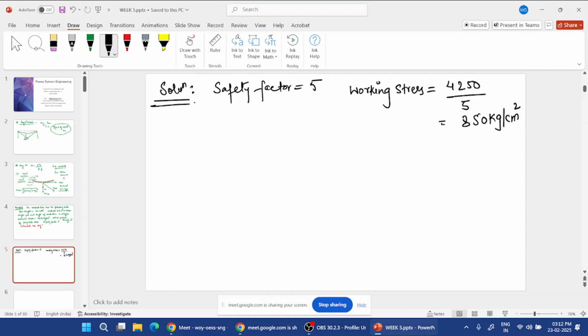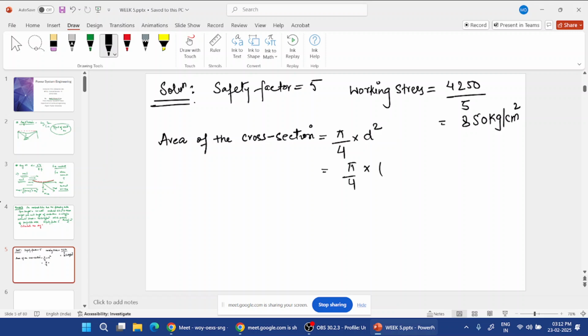Now, first we will calculate the area of the cross section. What is the area of the cross section? It is equal to pi by 4 into d square, because diameter is given. So pi by 4 into, what is d?